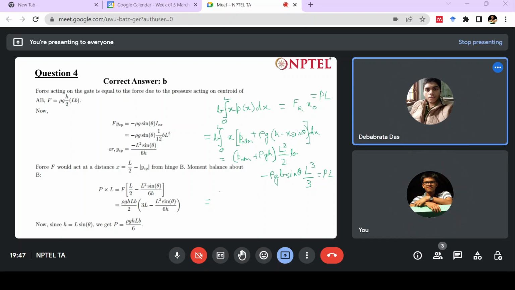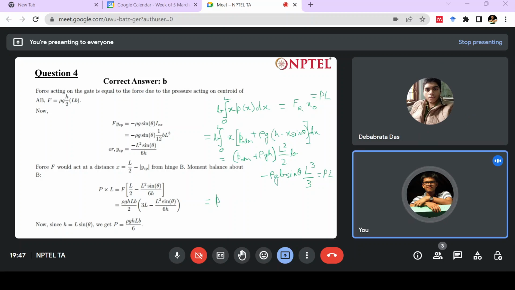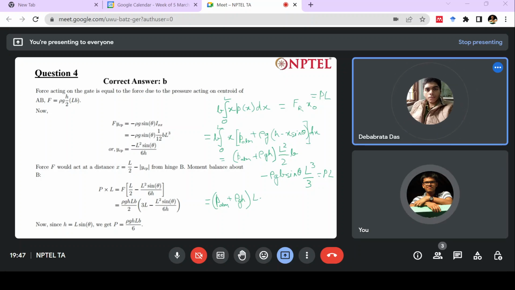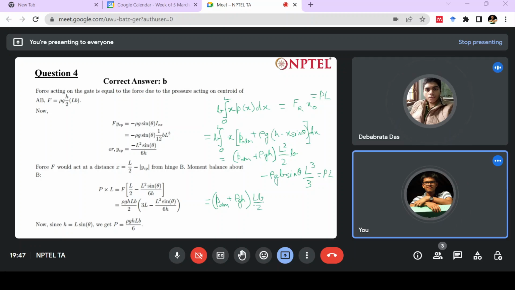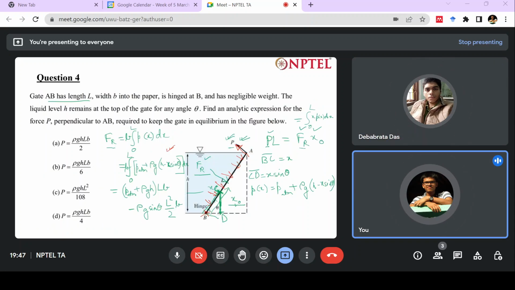So here is P atmosphere plus rho gh into L by 2 minus, so sine theta we can substitute it. H is given and L is given, so H by L is sine theta, right?